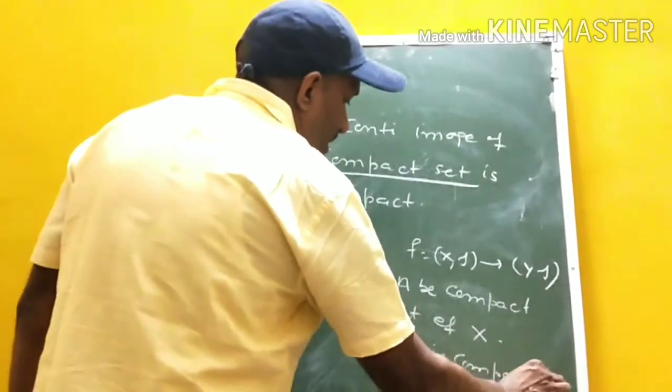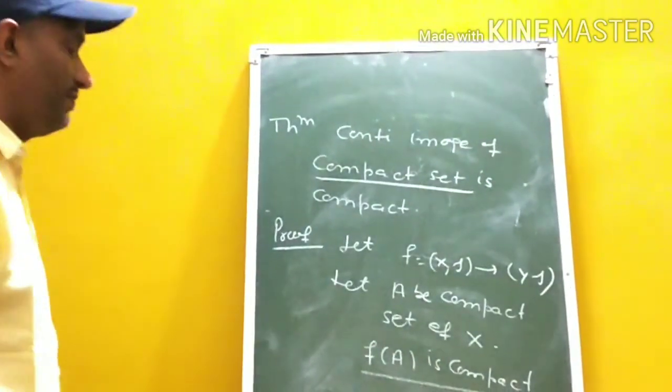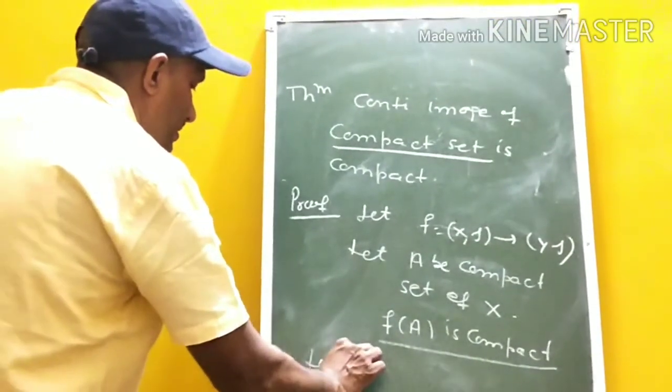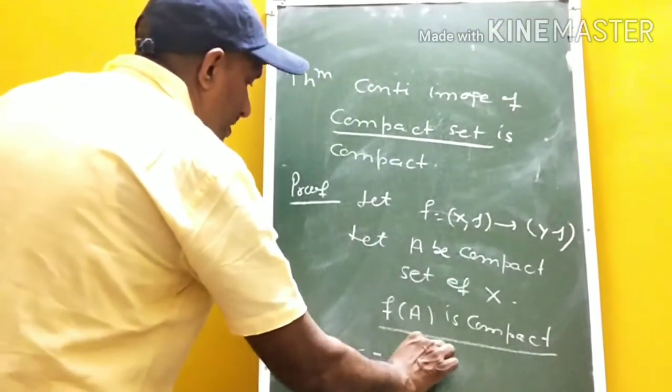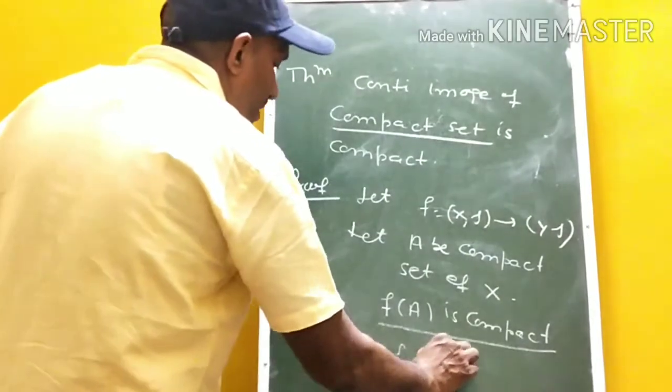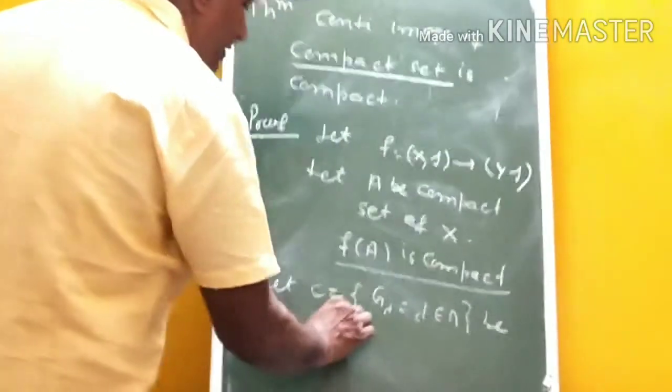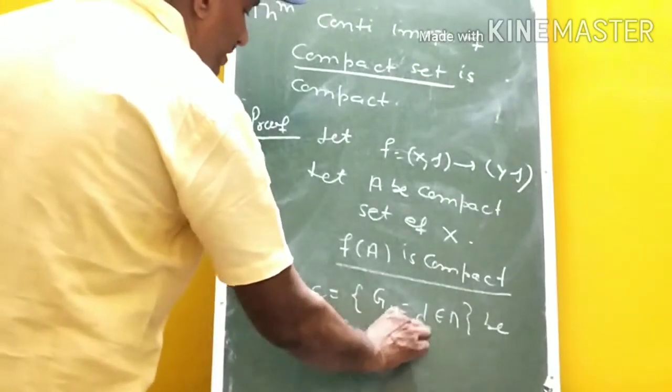To show f(A) is compact, first we take its cover. Let C equal to G lambda, lambda belongs to gamma, be a cover of f(A).